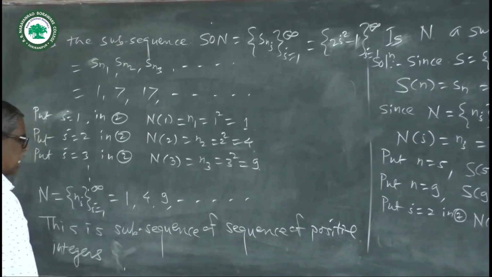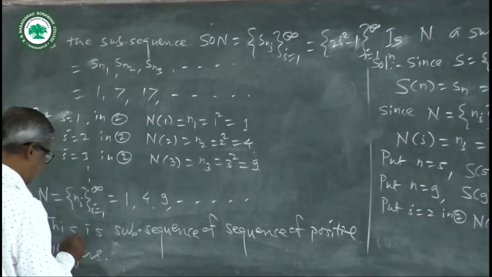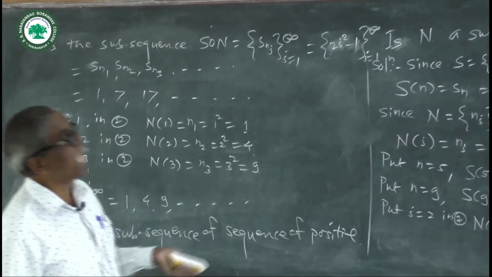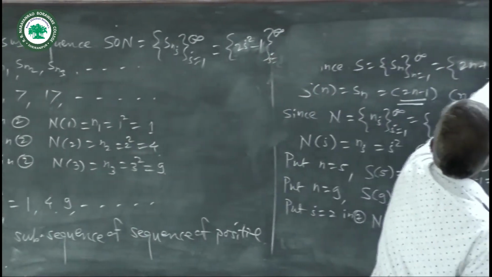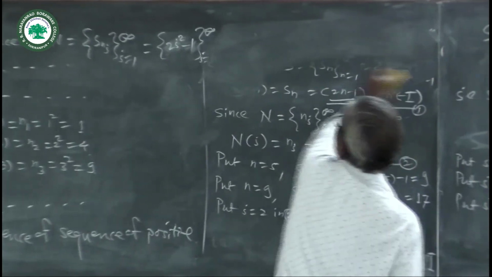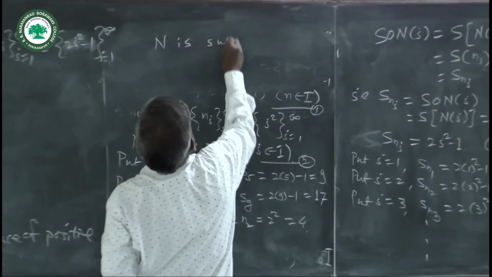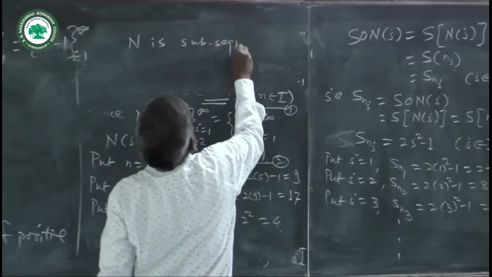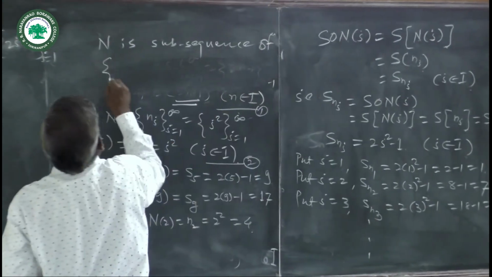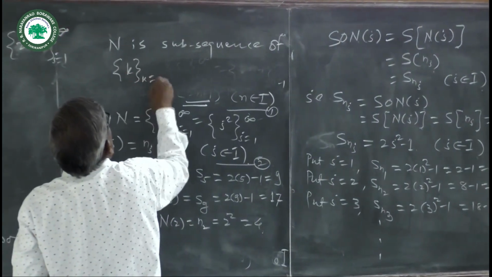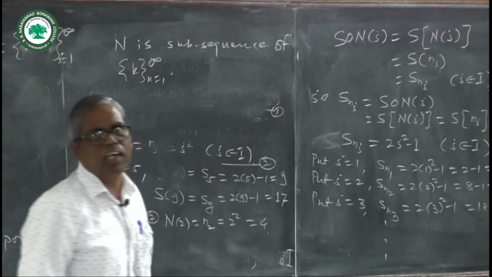Or in other words, we say that capital N is a subsequence of k, k is equal to 1 to infinity. Hence the solution.